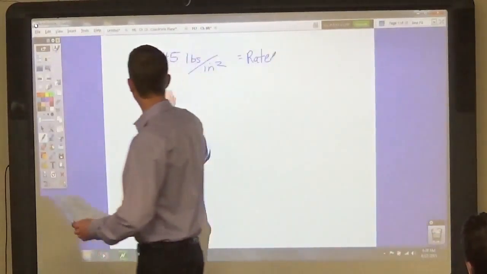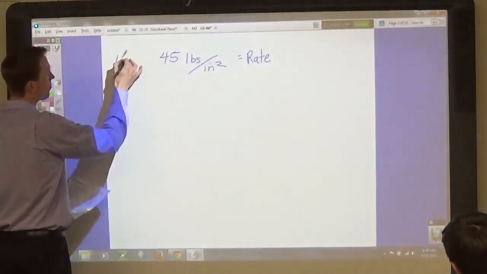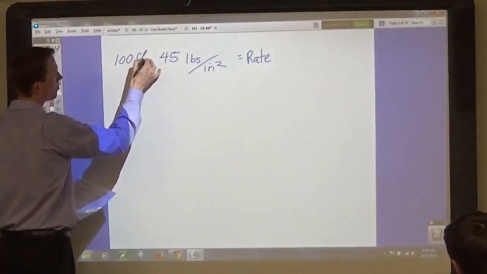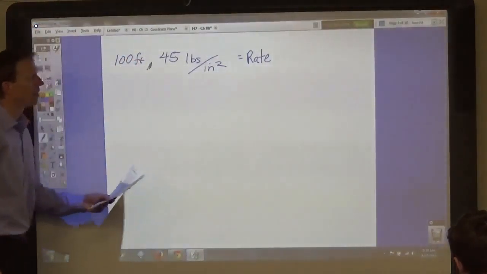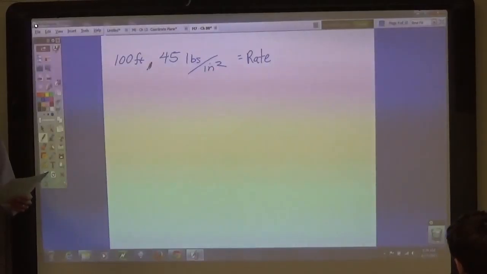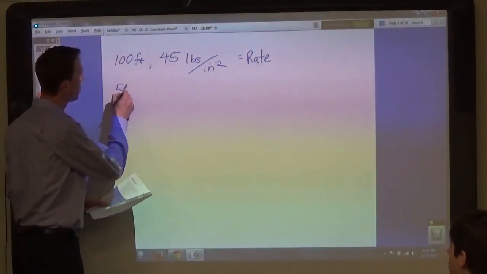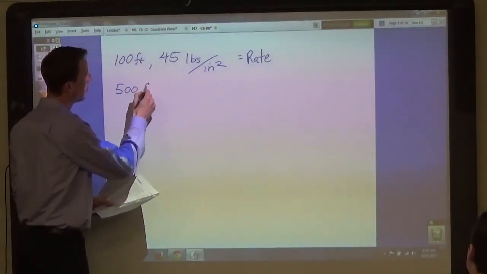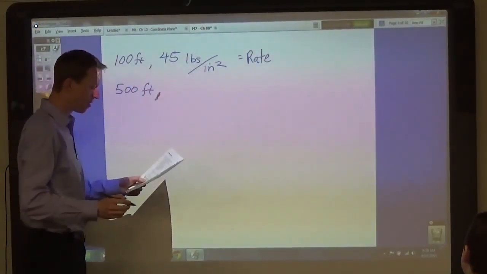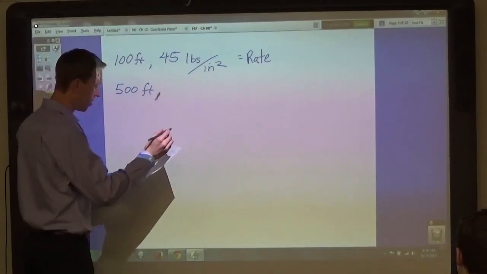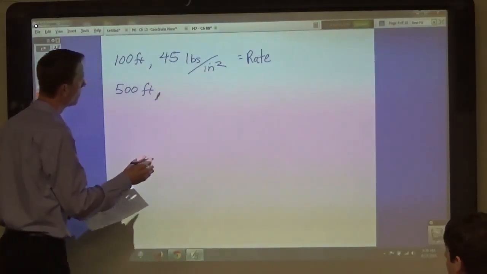Now, at 100 feet, it is that much, right? At 500 feet, it is 225, right?